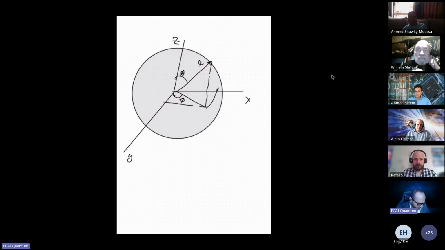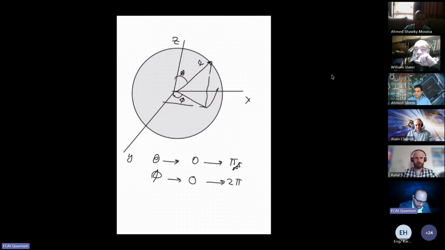Then I can have theta 1, theta 2, phi, and theta, of course, will go from range 0 to pi, and phi from 0 to 2 pi. And then I can explore that until I get the ground state. So I'm backing out to the original slides.